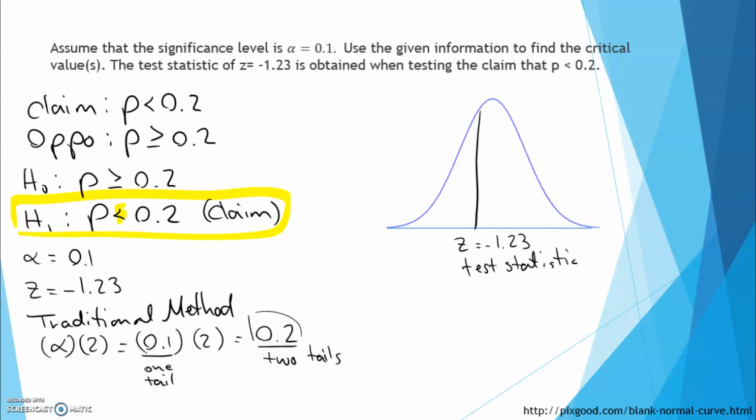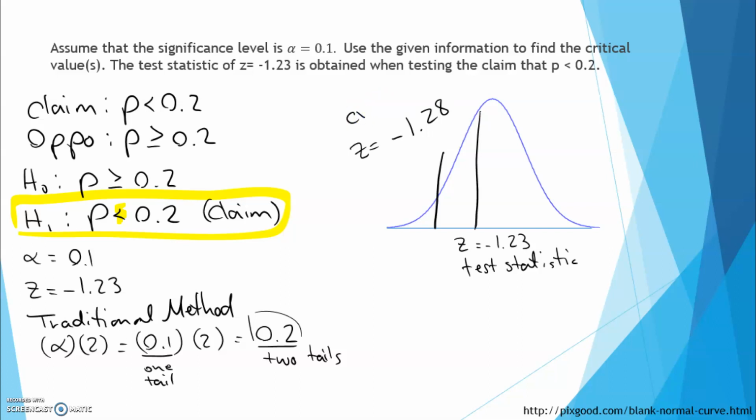Since we're in a left-tailed test, we need to use the negative version of that score. So we need to use negative 1.28, which would fall about here, negative 1.28 for our z-score. So when you're in a left-tailed test, all your critical values are going to be negative. If you are in a right-tailed test, all your critical values or your z-scores will be positive.